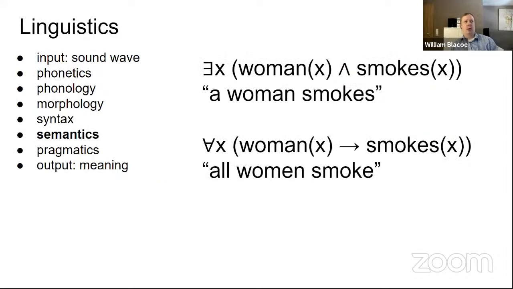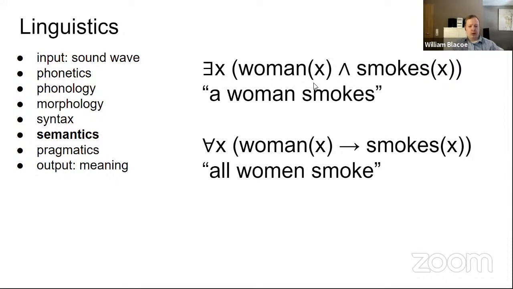And then linguists try to take all this information. They rely heavily on these syntax trees to come up with logical formulas to express what is going on. So just a tiny sentence, "A woman smokes," already looks like a weird formula, if it's new to you anyway.